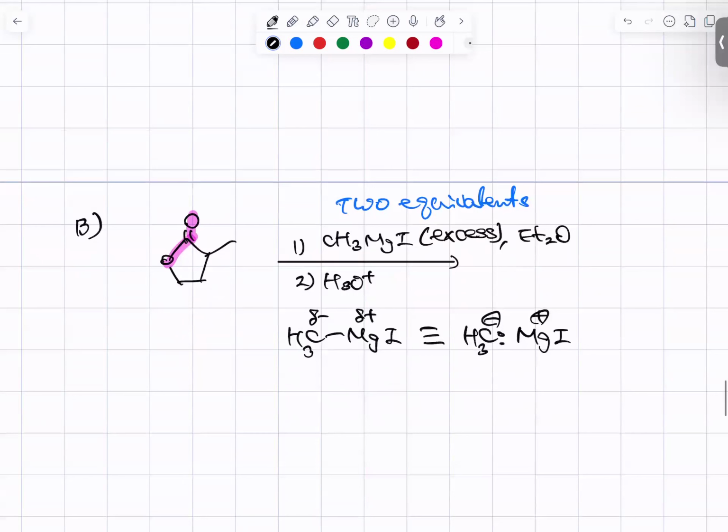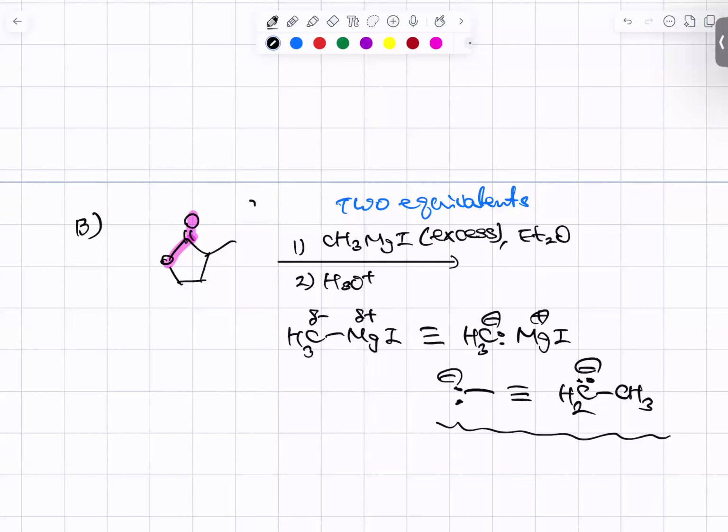And I saw some students draw like this way. Okay, it is incorrect because this means this is CH3 and CH2. Let me write here. This one is CH2 and CH3 negative charge. This is the meaning of this one. So simply draw CH3.